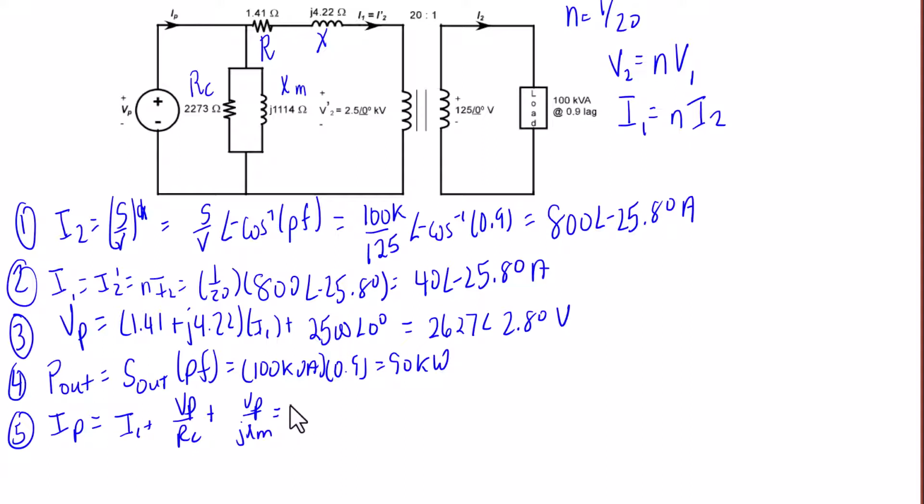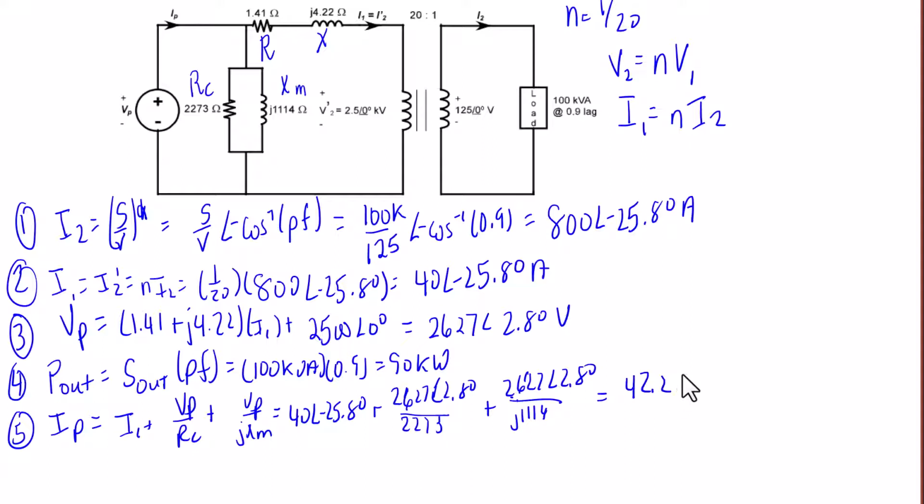So that's 40 with an angle of negative 25.8 degrees plus 2627 with an angle of 2.8 degrees divided by 2273 plus 2627 with an angle of 2.8 degrees divided by j1114. And so IP is 42.2 with an angle of negative 27.9 degrees, and the units are amps.